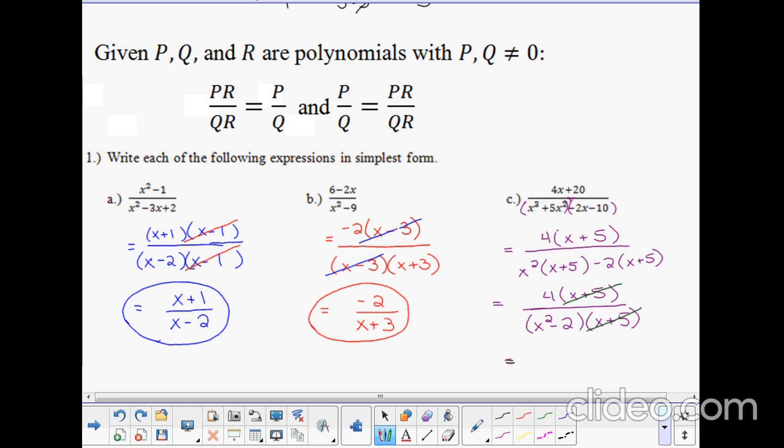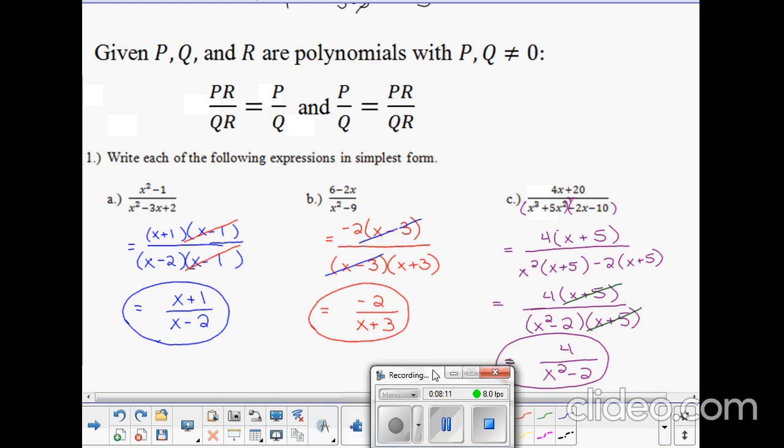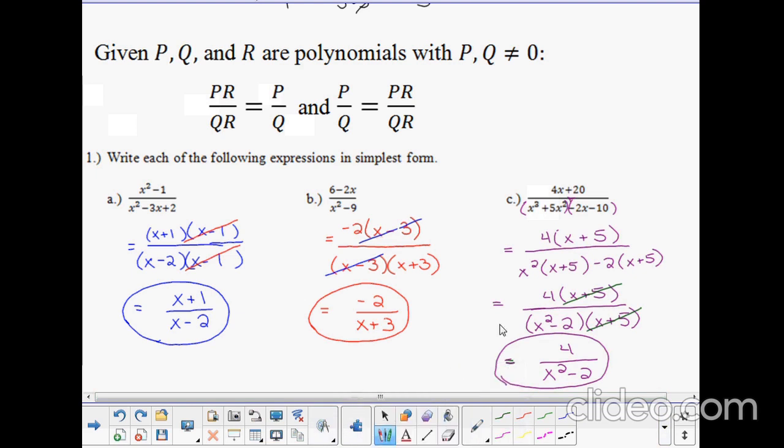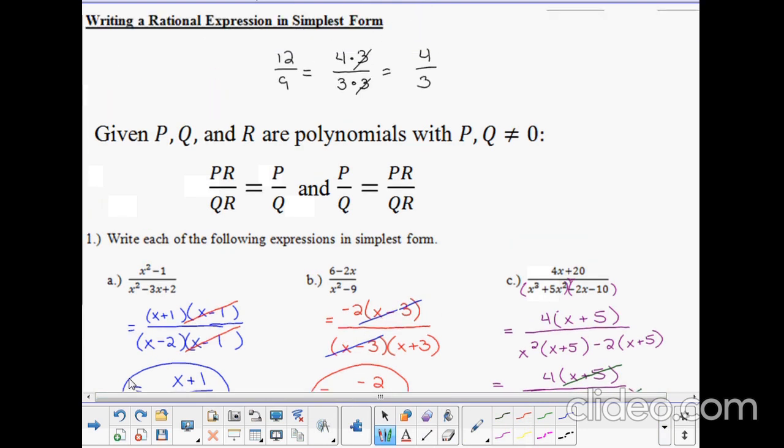I would never get a common factor with the only thing remaining in the numerator, which is 4. And so I would leave this as 4 over x squared minus 2. And this would be my final answer. So the goal here is to factor and eliminate those common factors when simplifying.